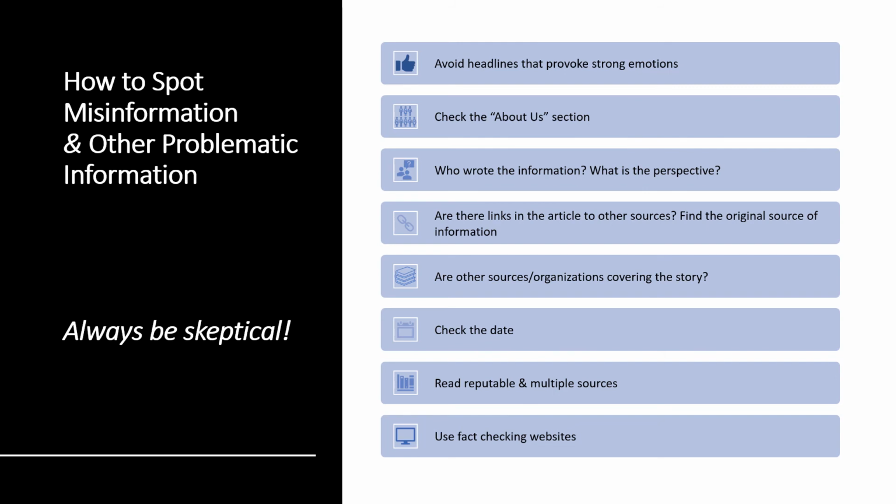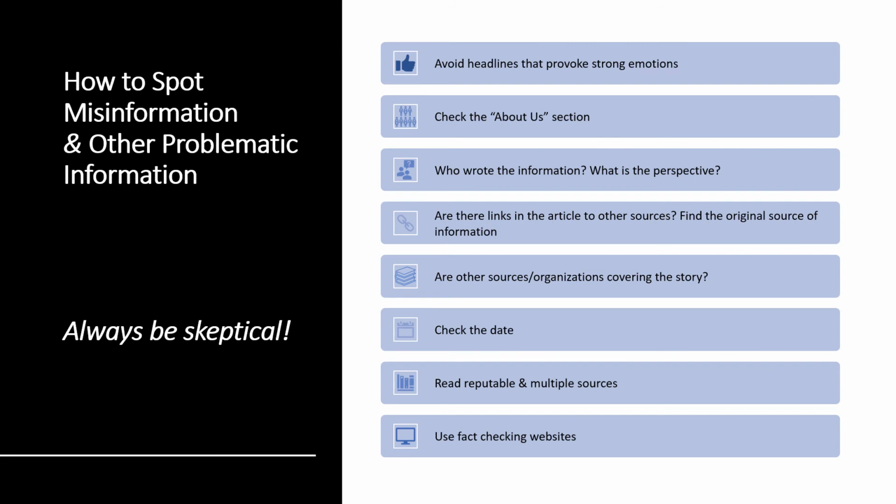Check the date. Sometimes, especially on social media, stories will recycle themselves. And so in the original context, if this was 1-2 years earlier, it might make much more sense. Taken out of the time context, it could seem more concerning than it actually is. So make sure you understand when that piece of information was published.